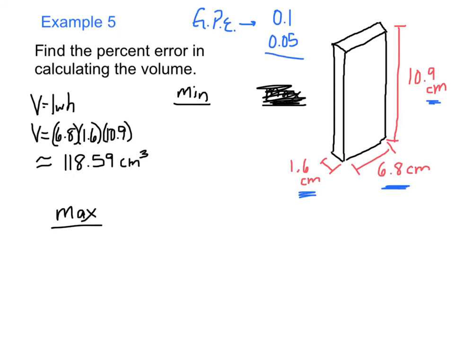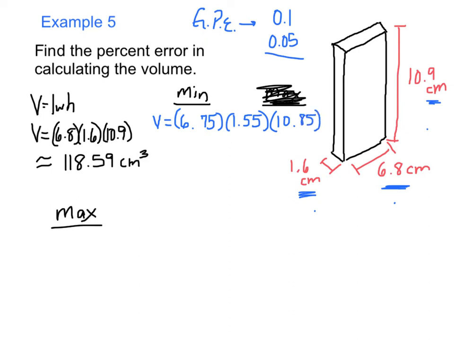So we're going to subtract 0.05 from each of these values. We take 6.8, subtract 0.05, and our minimum value would give us 6.75, times 1.6 minus 0.05, which is 1.55, times the height, subtracting 5 hundredths, which gives us 10.85.